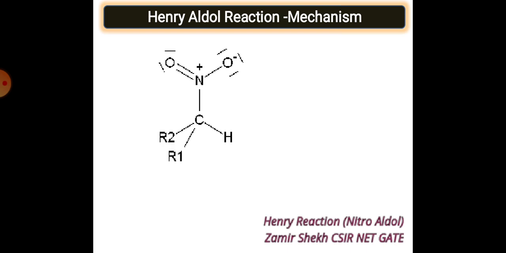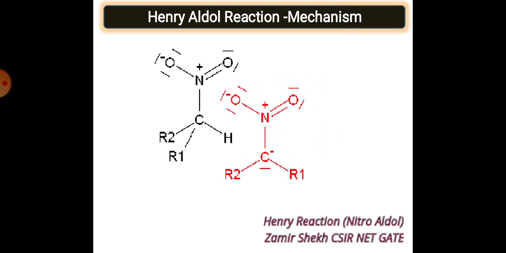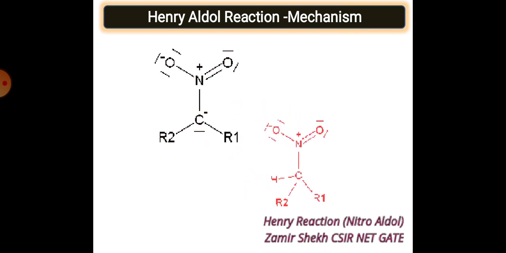The base is nothing but sodium hydroxide or potassium hydroxide. That CH is acidic because of the NO2, so the base comes, yes, like this. The base abstracts the proton and generates the negative charge like this.